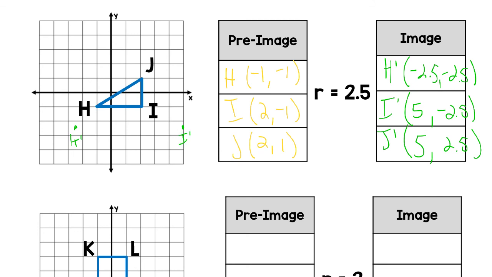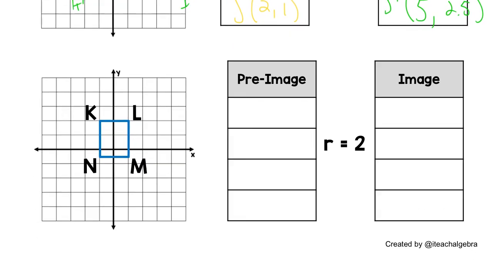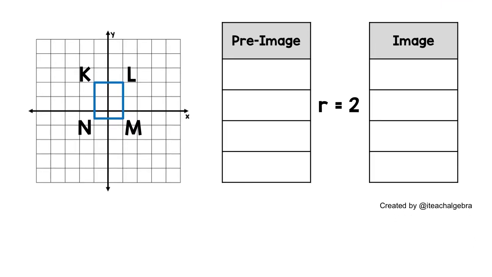J prime, 2.5 in the other direction. And now we can connect these points. And we've got a new shape. All right, now, if you didn't try that second one on your own, now is your chance. Do this one on your own, and then come check your work.